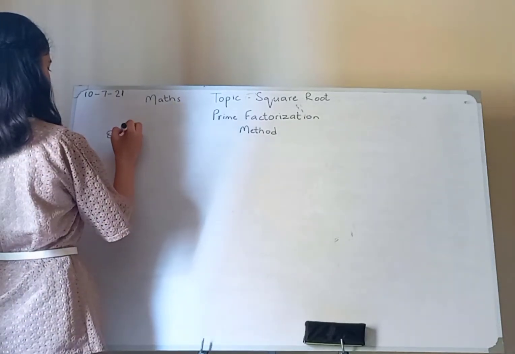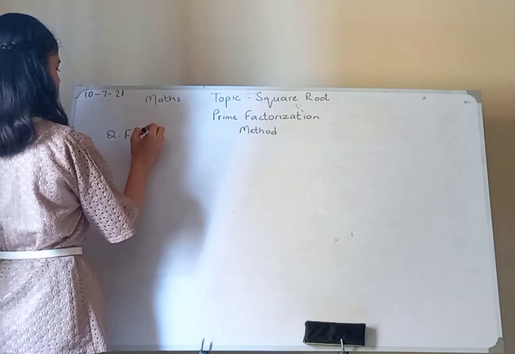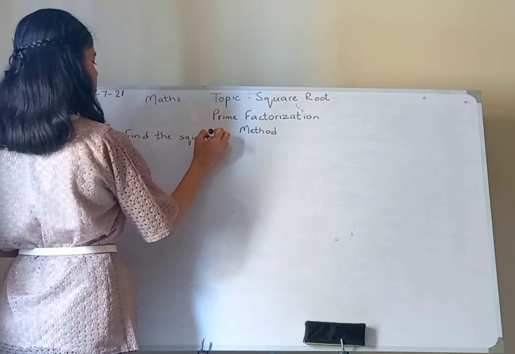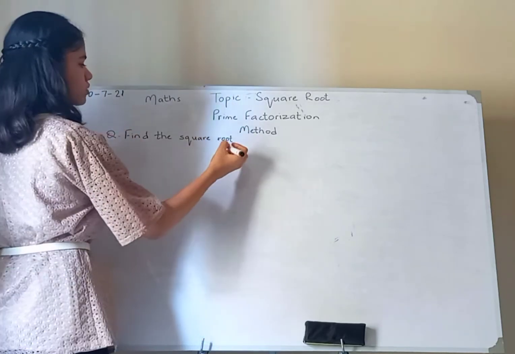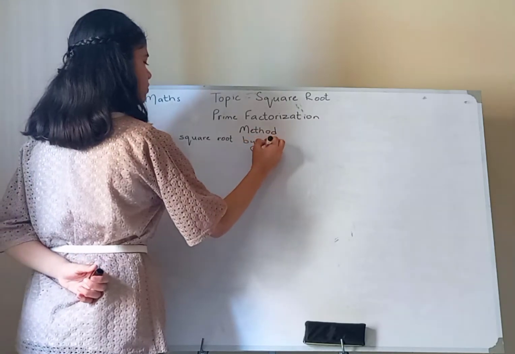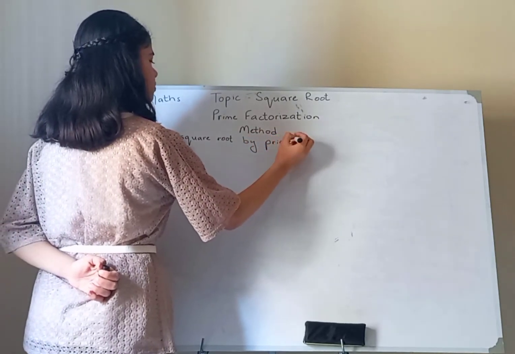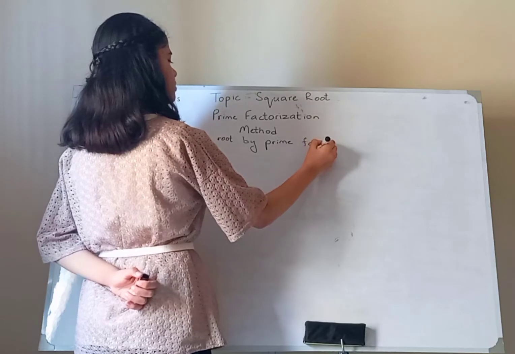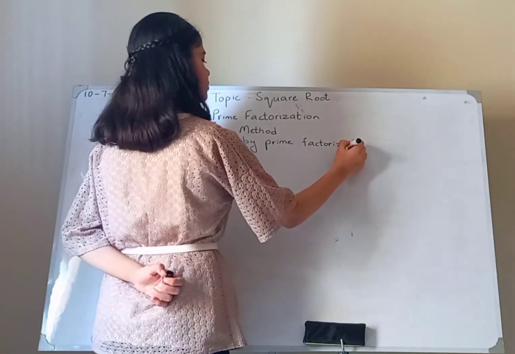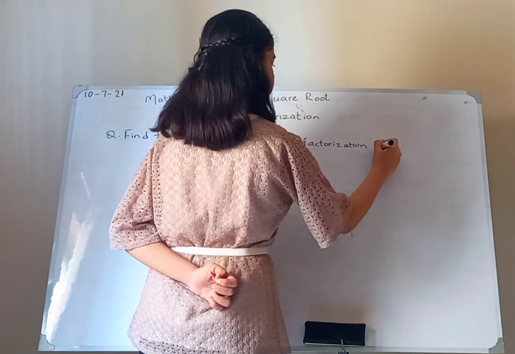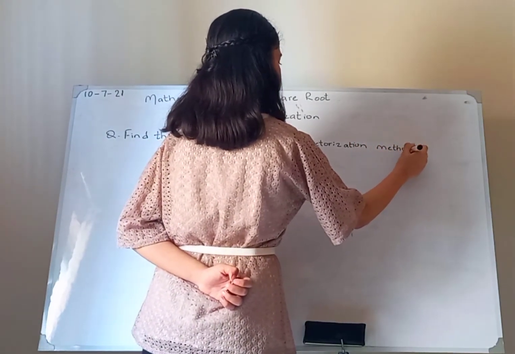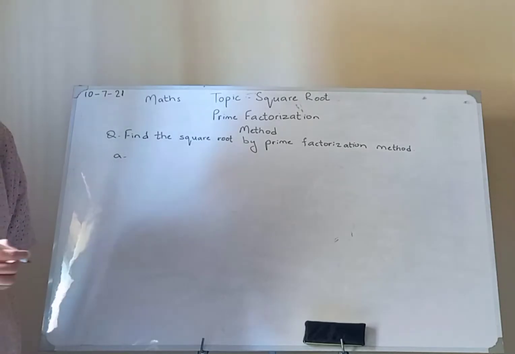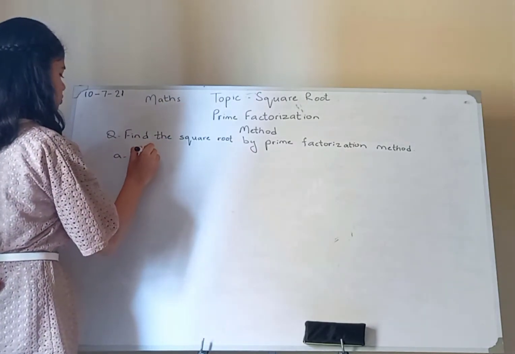So our question is, find the square root by prime factorization, and our first question is 256.